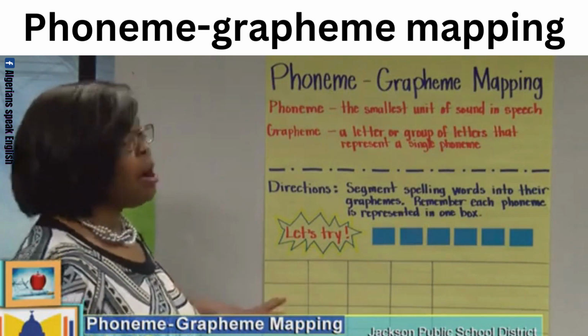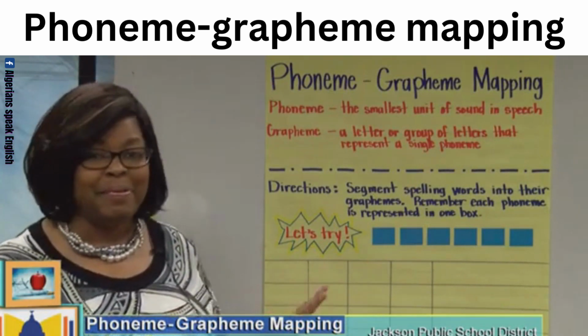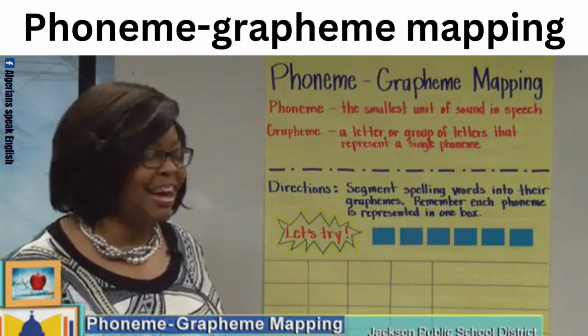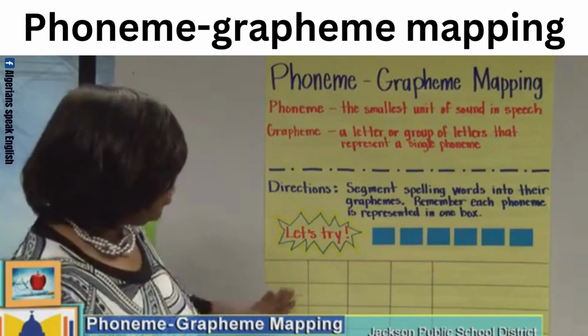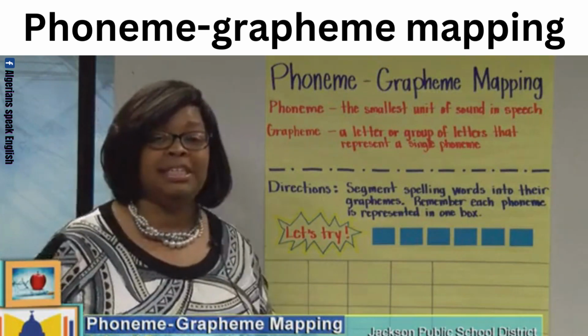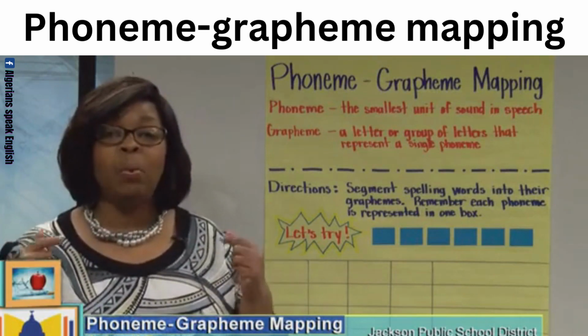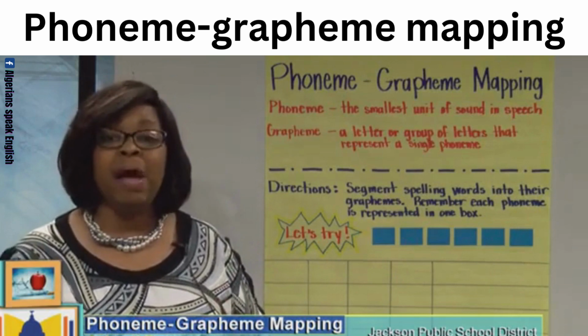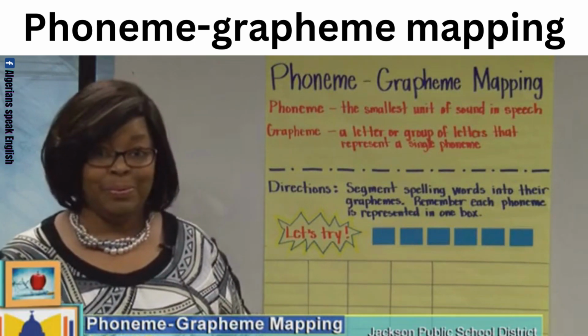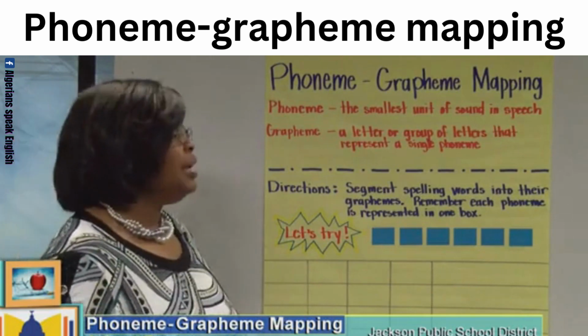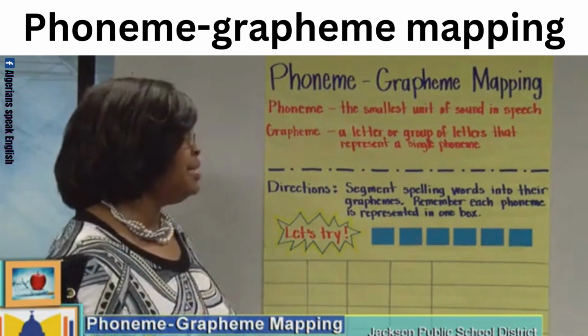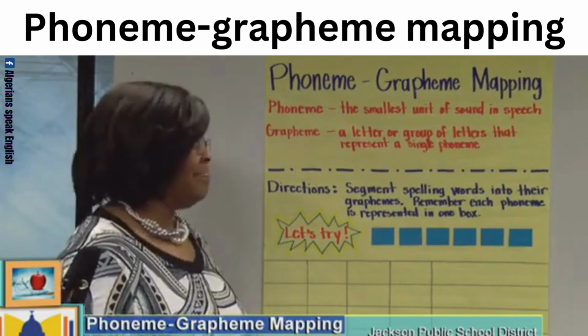So let's go into our phoneme grapheme mapping. I'm really excited about this strategy, guys. If you would note, I have a grid here, and this is where we're going to take the sounds of the words that we hear and spell them by sounds alone. Okay? So here are our directions. We are going to segment spelling words into graphemes.